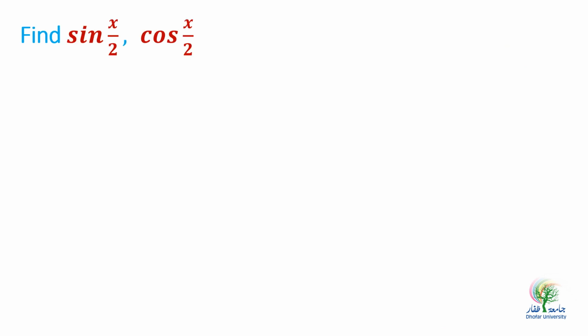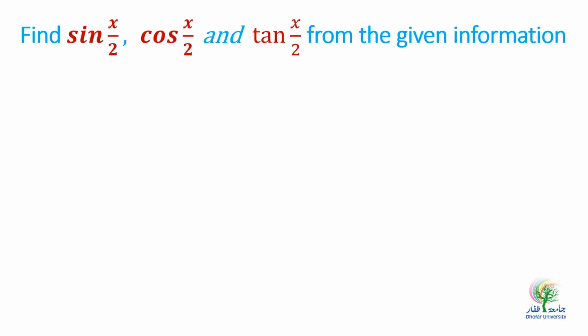And the last we have to find sine x by 2, cosine x by 2, tangent x by 2 from the given information. So cosine x is minus 4 by 5 and the quadrant is 3, x between 180 and 270.